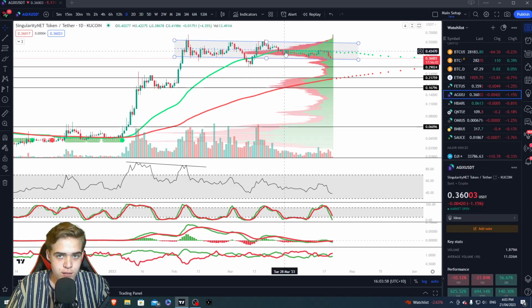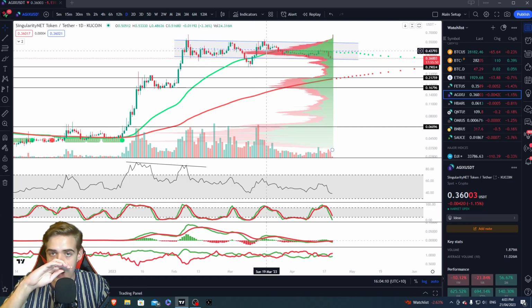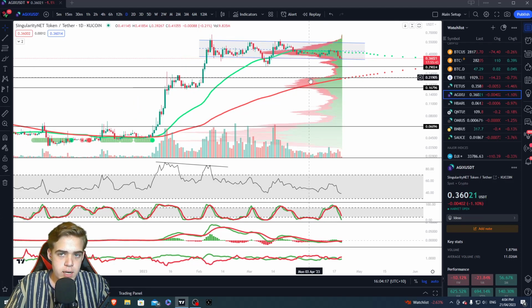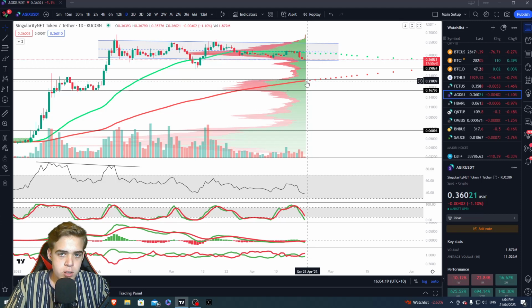Essentially inside of this flag here. So many people have bought on average around, let's say, 42 cents, minus a few cents and plus a few cents either side of that area. And you can see you've got this gap right here. So I do believe your strongest support area to catch a bounce would be around this 22 cent level.